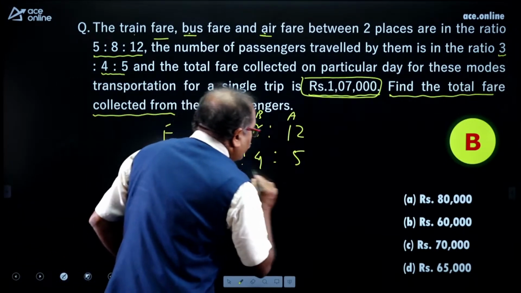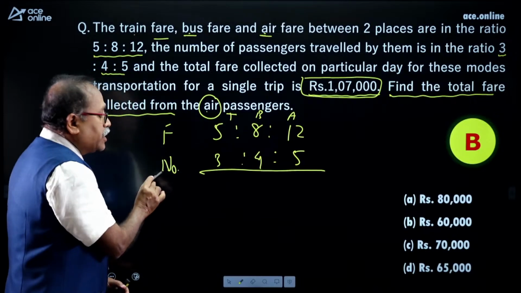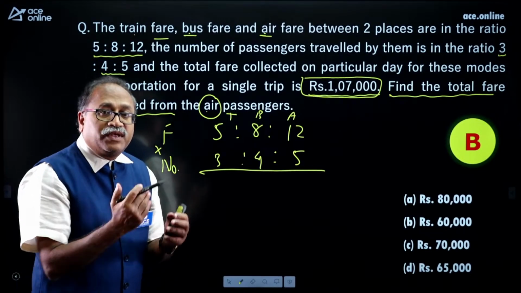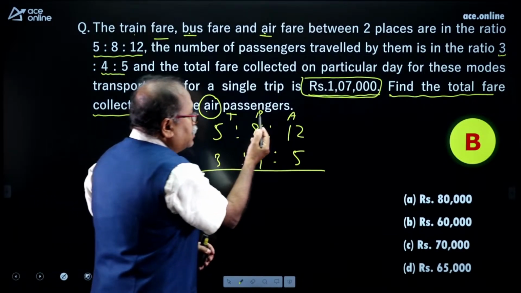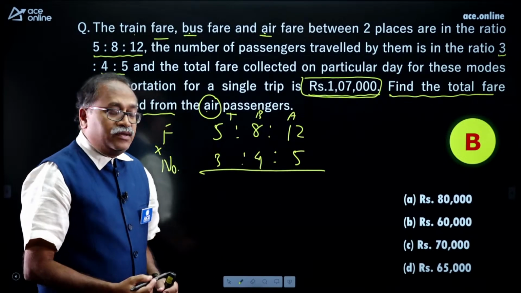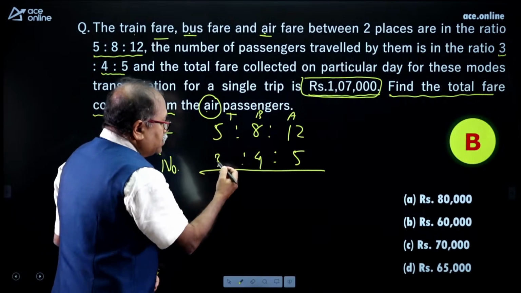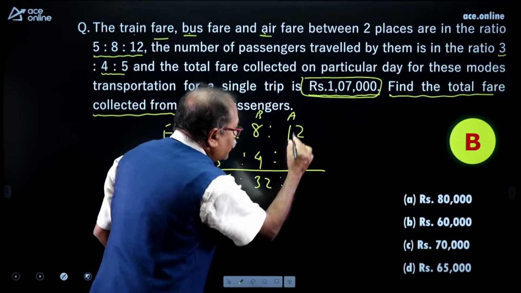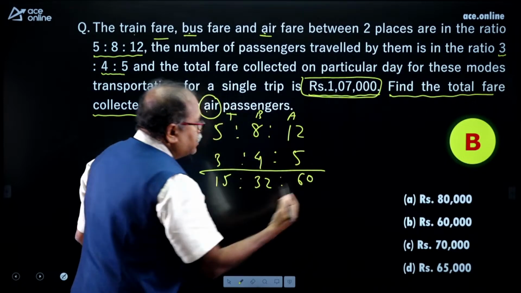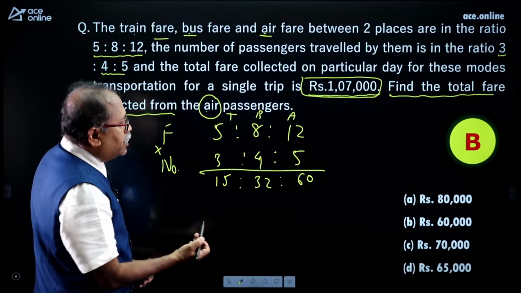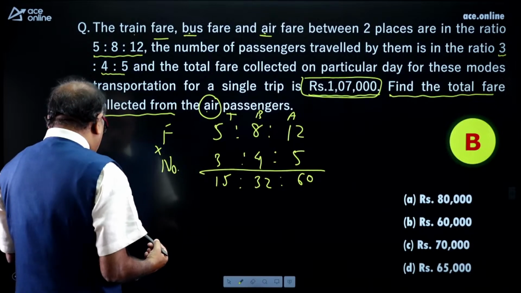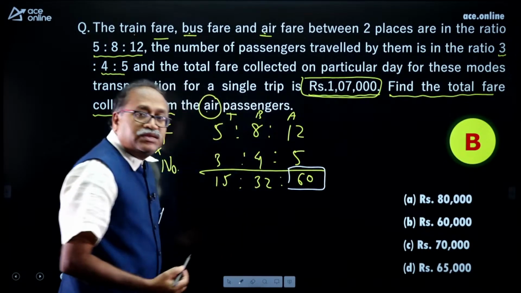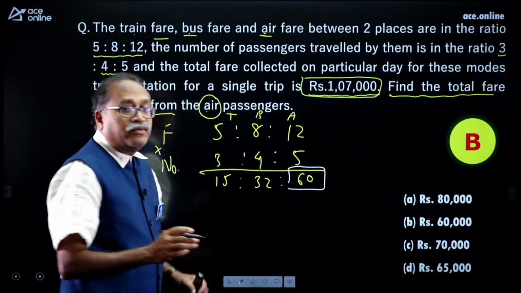Now look at this part. The product of the fare ratio and the number of passenger ratio will be the ratio of the revenue generated by train, bus and air, which Pawan beautifully understood. So 5 times 3 is 15, 8 times 4 is 32, and 12 times 5 is 60. Further, it will not get cancelled. So, I need the airfare, the 60 part out of 1,07,000.